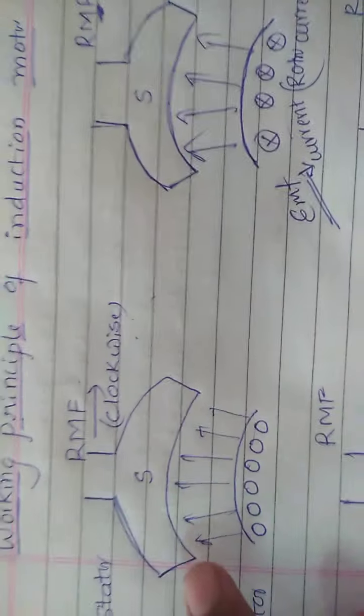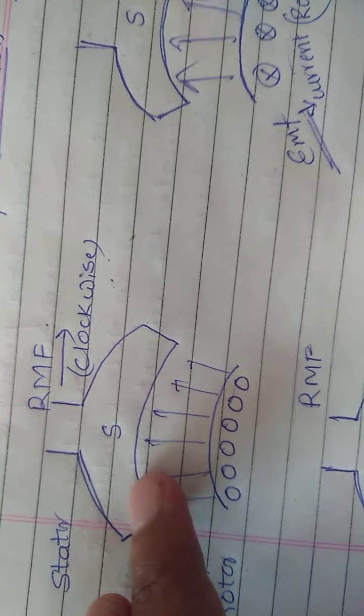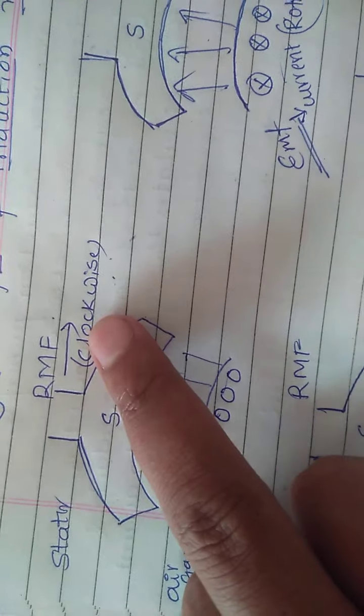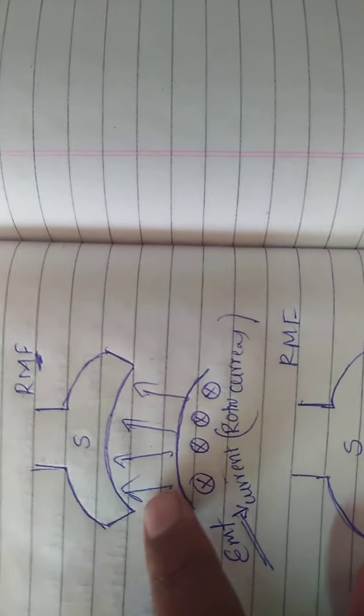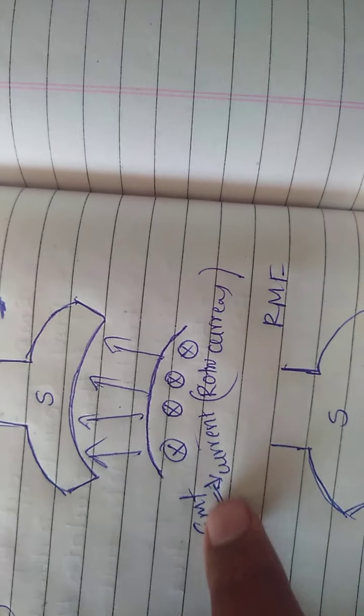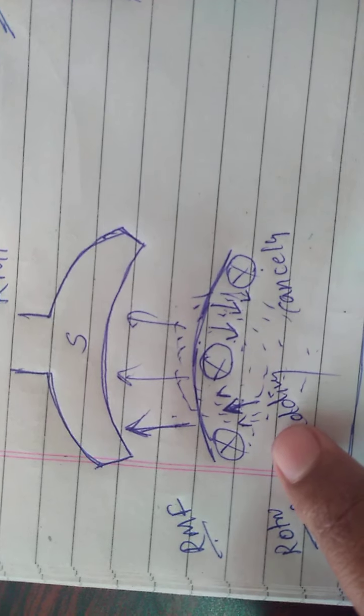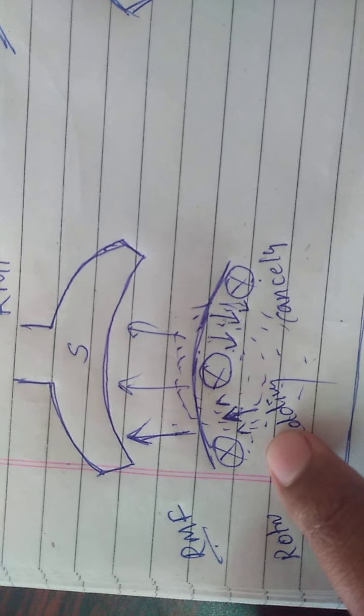So in this diagram, what do we have? There is an RMF, which has a clockwise direction. Due to this RMF and conductor interaction, an EMF will be induced. Due to that, there is a current called the rotor current. Due to this rotor current, there is a flux in the rotor, called the rotor flux.